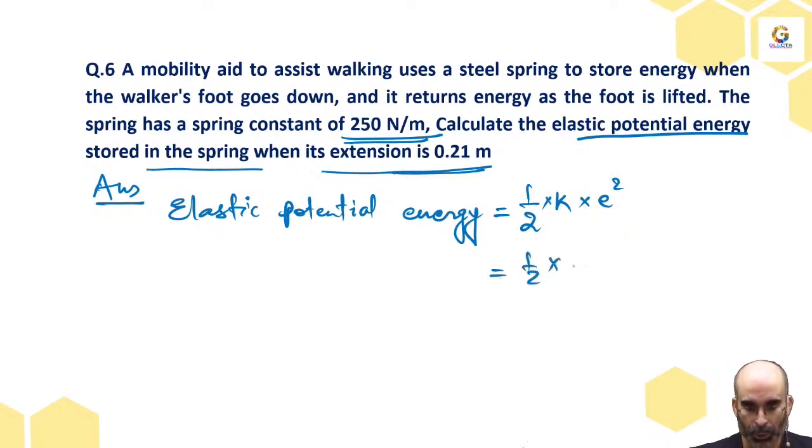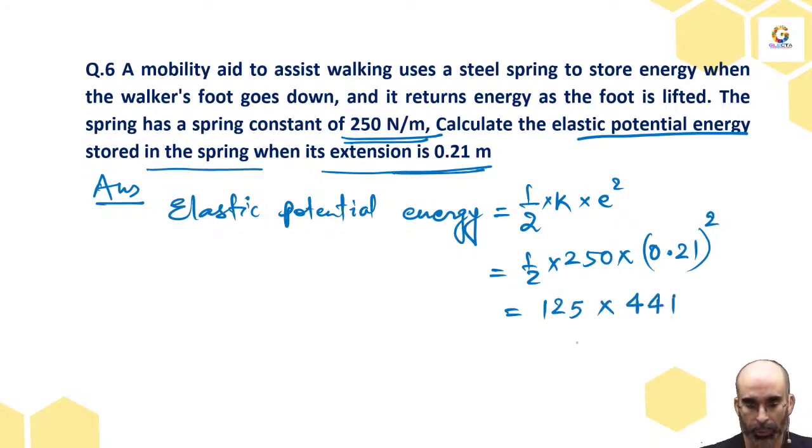Half into 250 into 0.21 square. So what's the answer? 125 multiplied by 441 divided by, so this is your final answer. So 5.5.